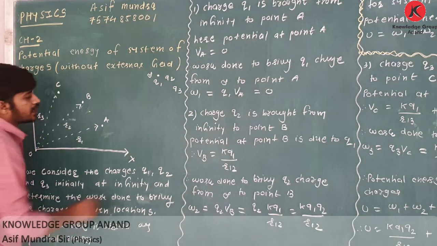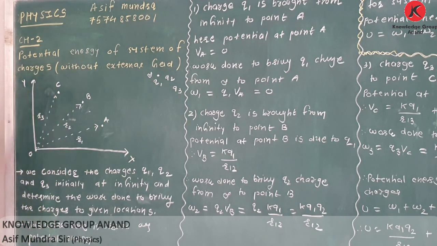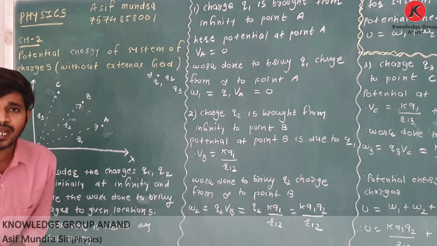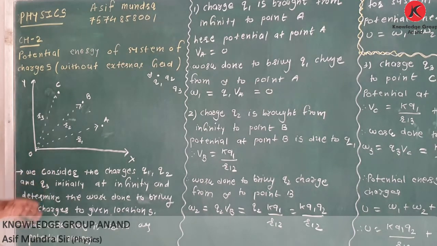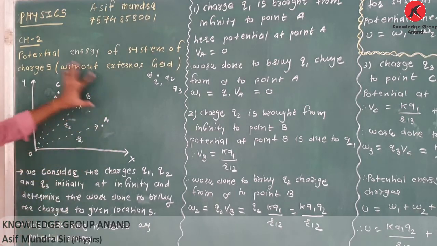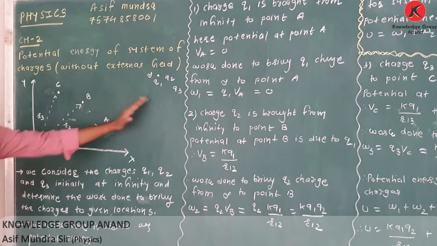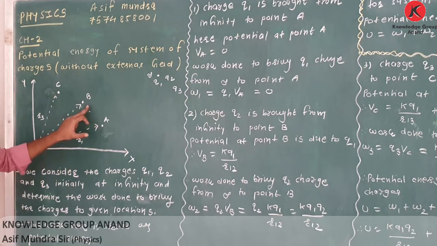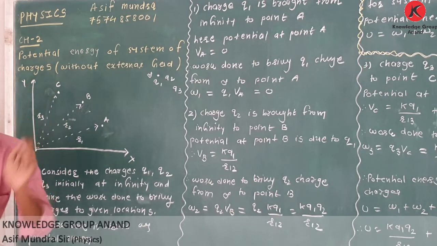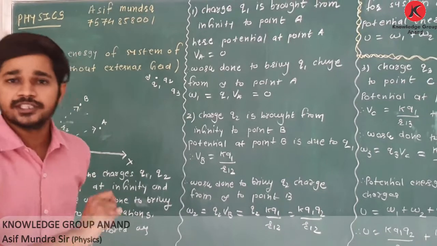Then we will find work to bring charge Q3 from infinite to point C. So the method: assume all three charges are at infinite distance, with no charges and no external field in this region. One by one, bring charges to respective points. Find work done. That total work done is stored as potential energy.